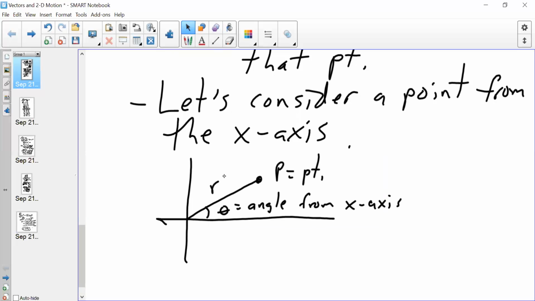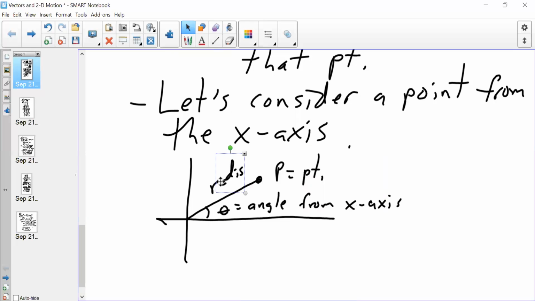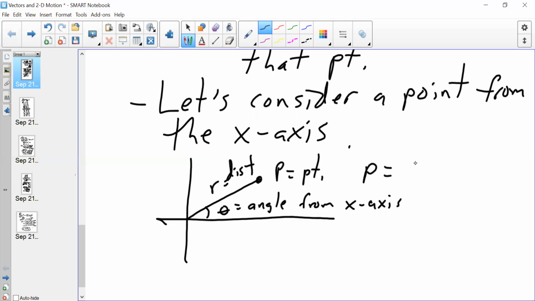R is this radial distance from the origin. And this point P is going to be defined in terms of the polar coordinates r and theta. So far so good?